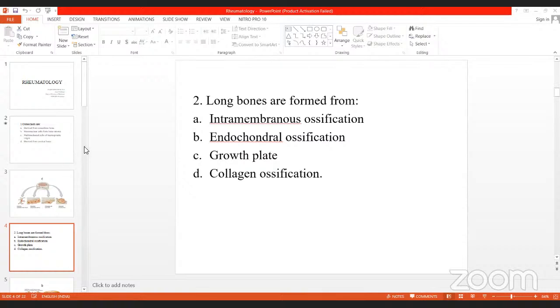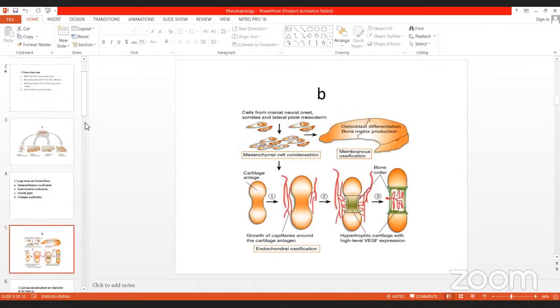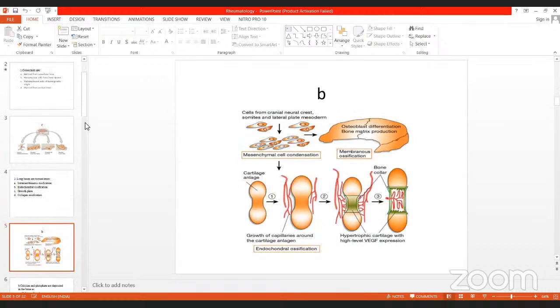So in this picture, we can see the ossification.